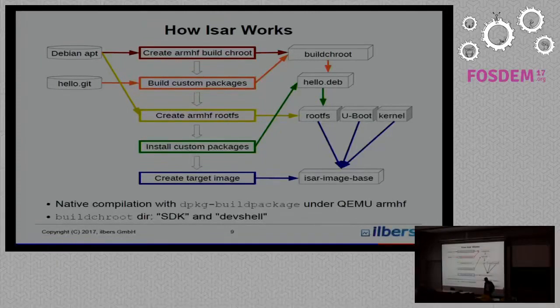Now we had a hard requirement from a customer who didn't want any cross-compilation in their system, and they insisted that we ship this with an ARM build chroot that is built under QEMU. And this is where things get slower.